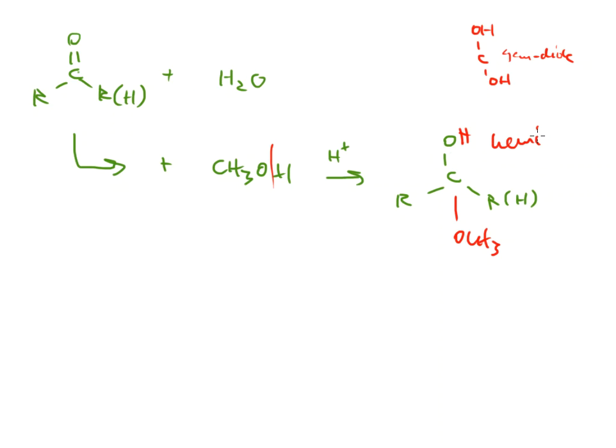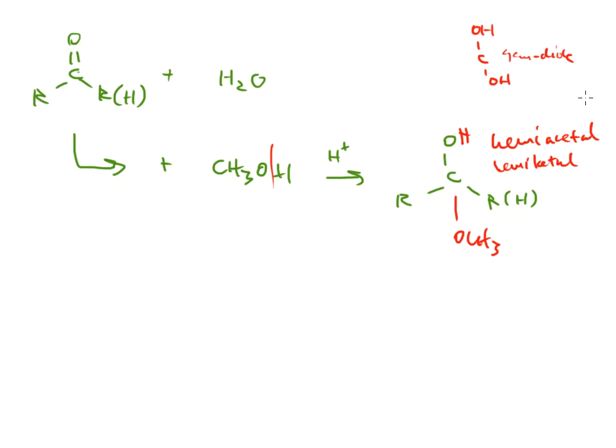It's not a hemi engine, okay? So it's a hemi something. Well, in this case, let's say that this was an aldehyde. So we can call this a hemiacetal for aldehyde. And if it's a ketone, we could call this a hemiketal for a ketone.